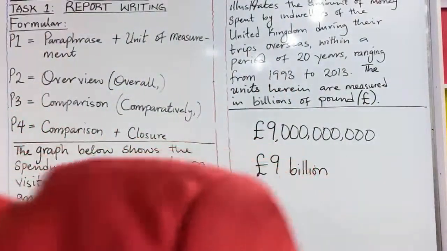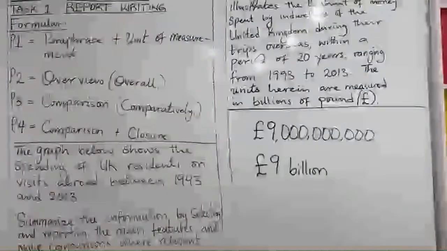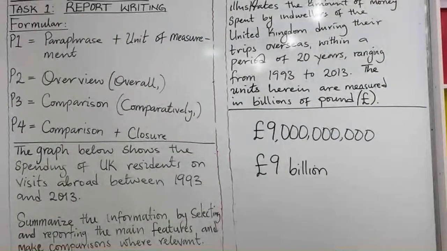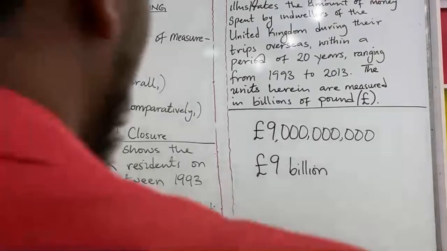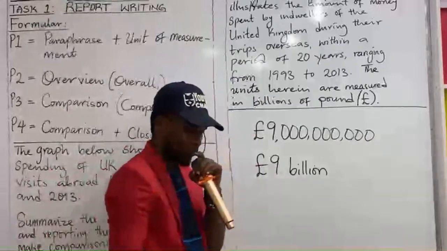If you write 9 in figure, then write billion pounds in words. It's better to spell the pounds in words as well as the 9, if you want to go by that.